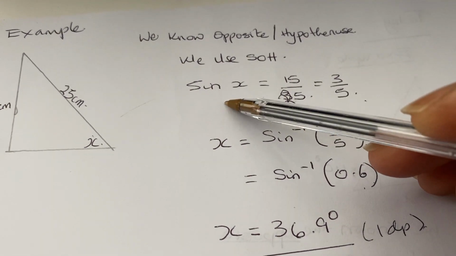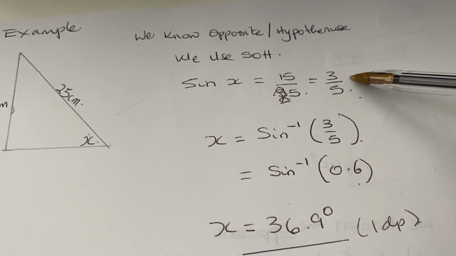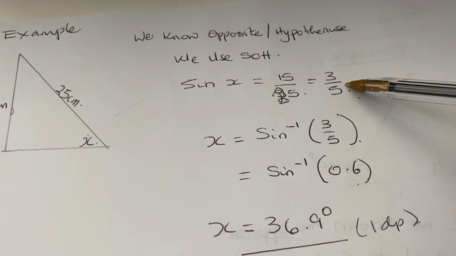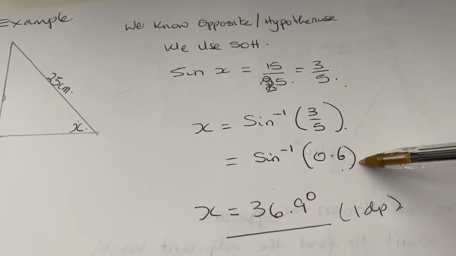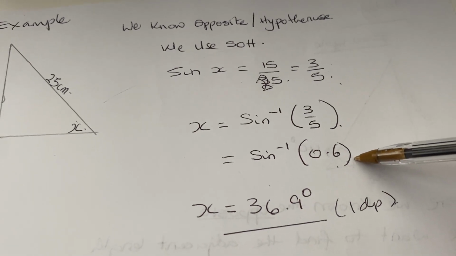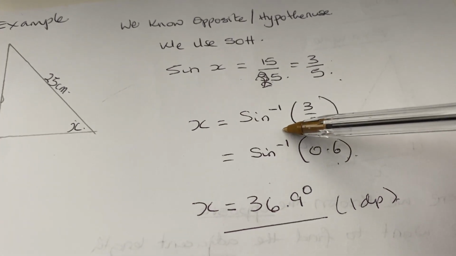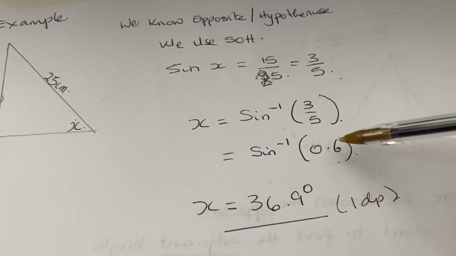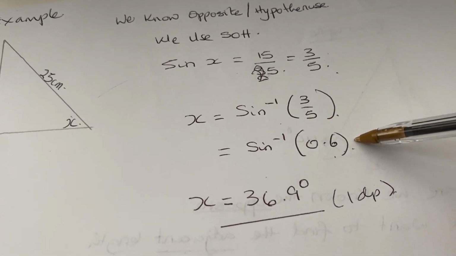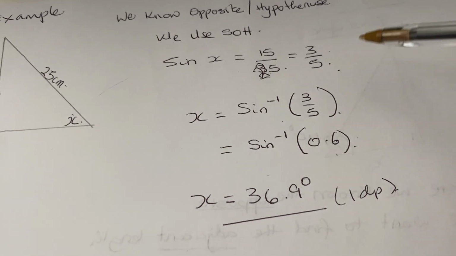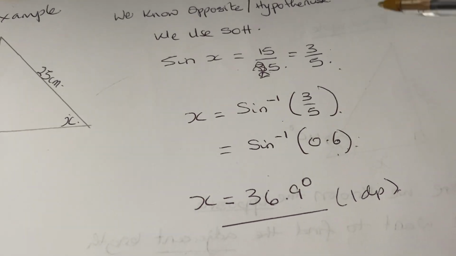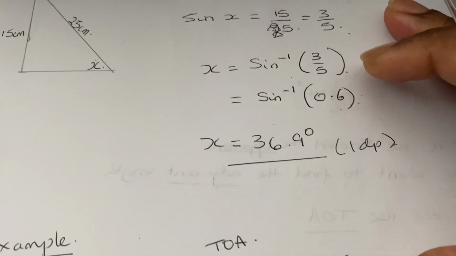So sine x will be 3 over 5. 3 over 5 is 0.6. So x will be the sine inverse of 0.6. This is why you need to press the second function on your calculator.